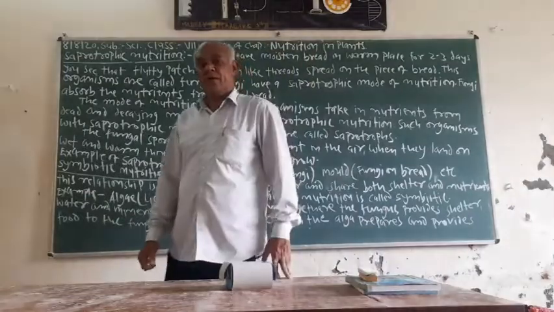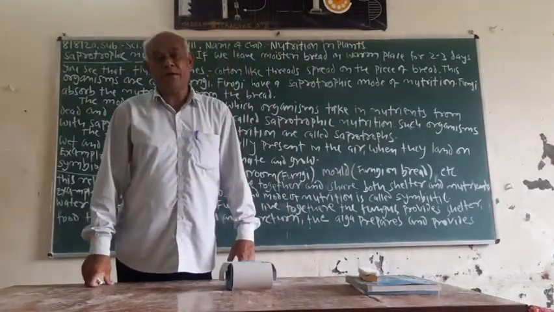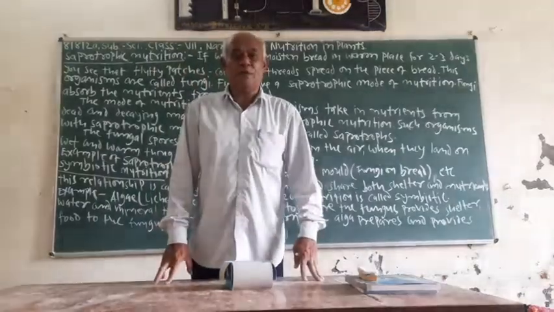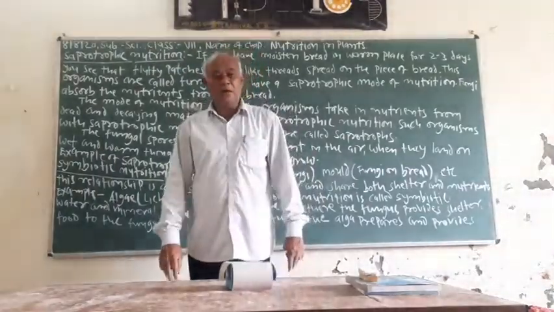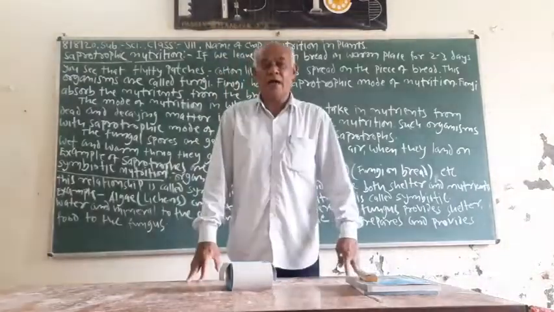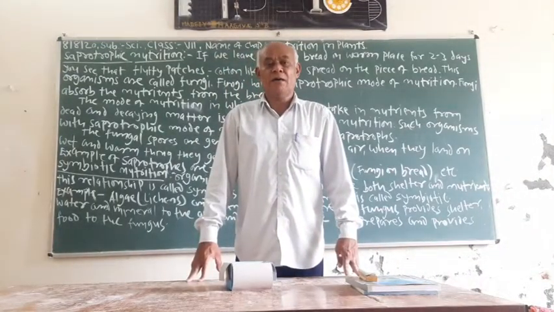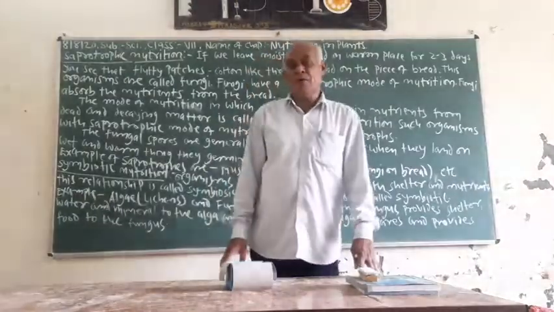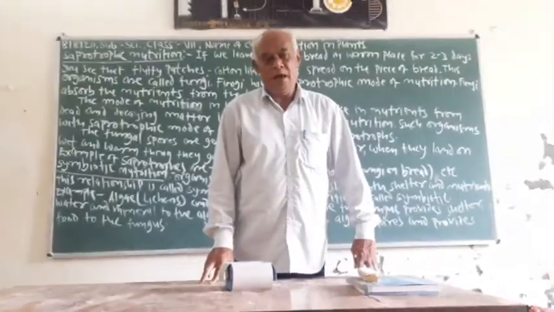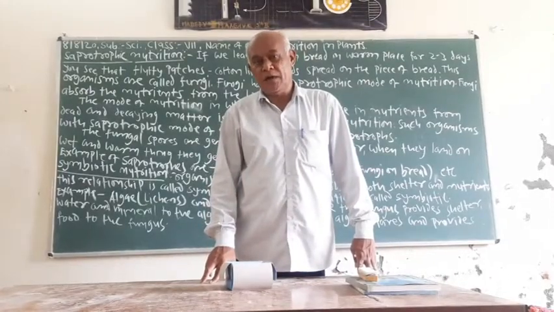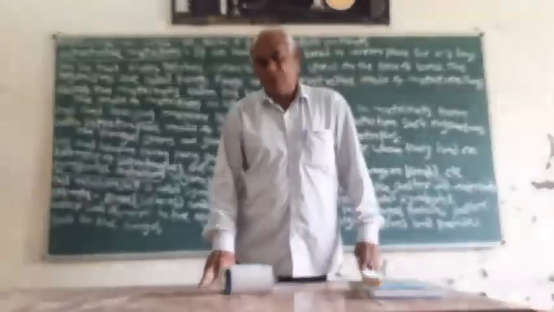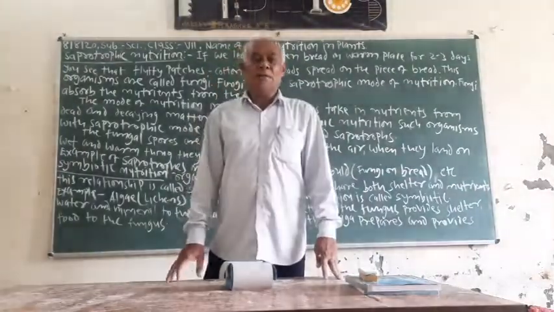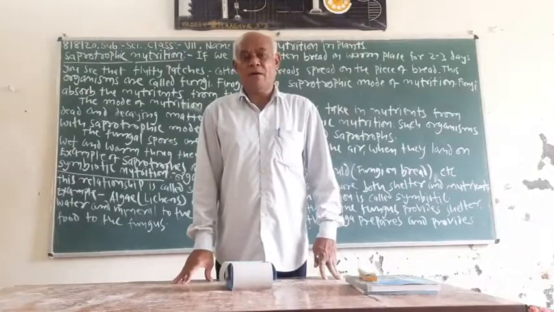Heterotrophic nutrition is the type of nutrition in which organisms depend for their food on other organisms, like green plants or animals. Such organisms are called heterotrophs. All animals, including human beings, are examples of heterotrophs.